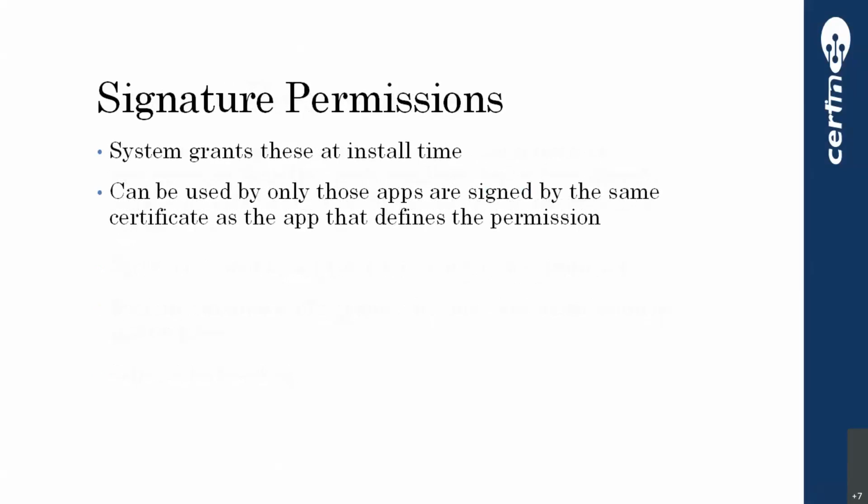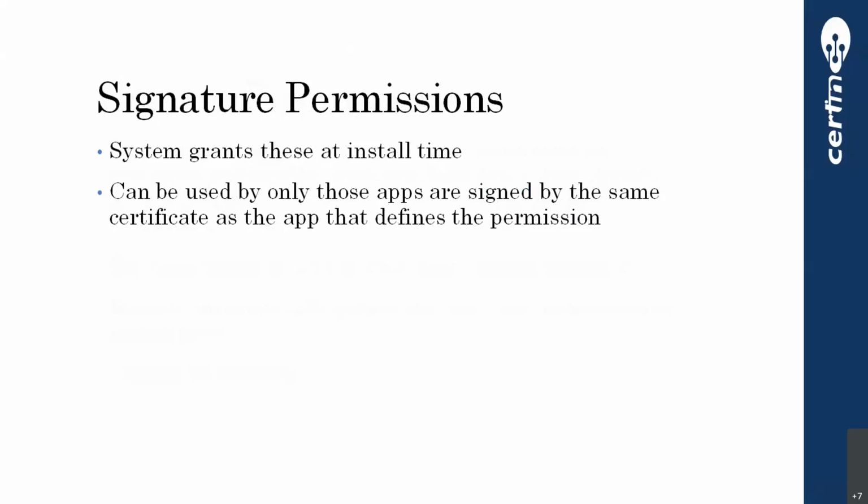Then the next kind of permission are called signature permissions. So signature permissions are not defined by the Android ecosystem. These permissions are defined by some proprietary applications, and these are proprietary permissions which can only be used by similar applications, which means if two applications have been created by the same developer and they have been signed by the same certificate, then both these applications can share certain permissions.